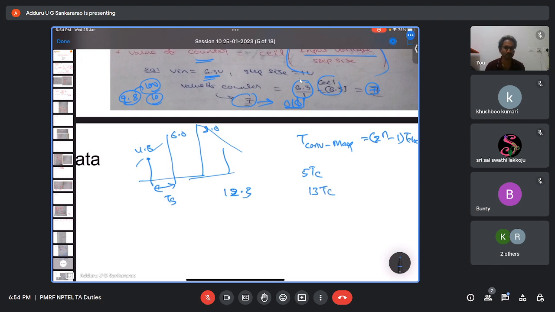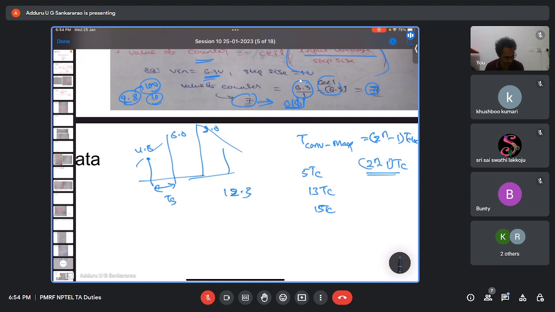Like that, maximum you may get 14.8. Full scale reading is 15, right? 14.8 means 15 TC. So maximum conversion time is 2 power n minus 1 into clock pulse. So this is the problem here. So much conversion time.